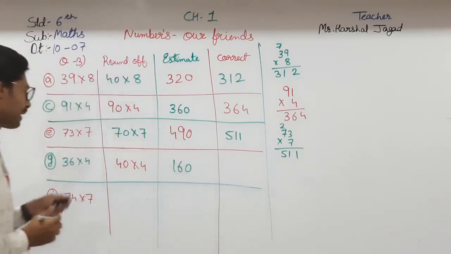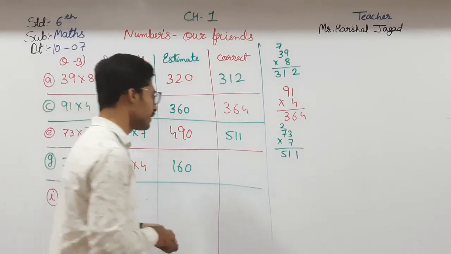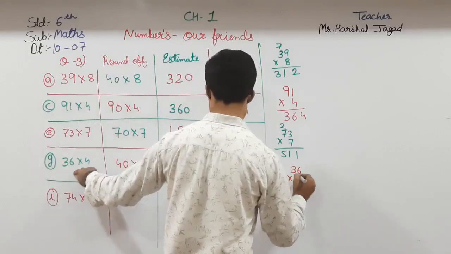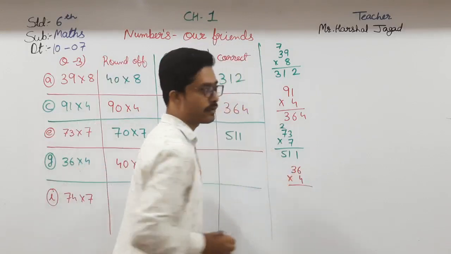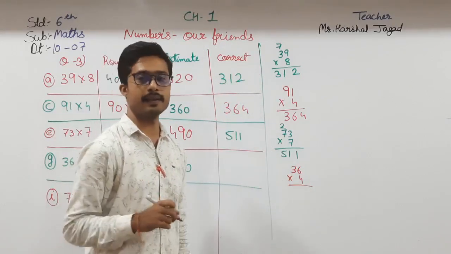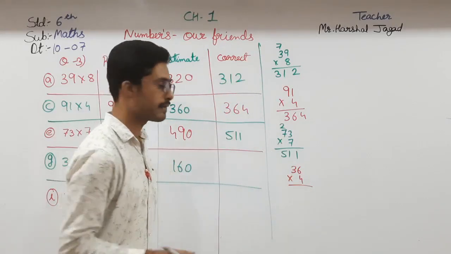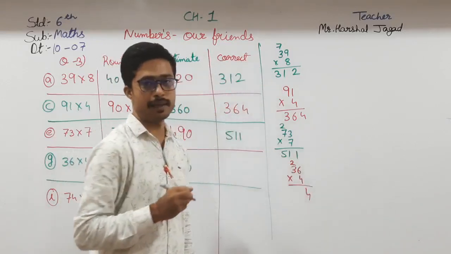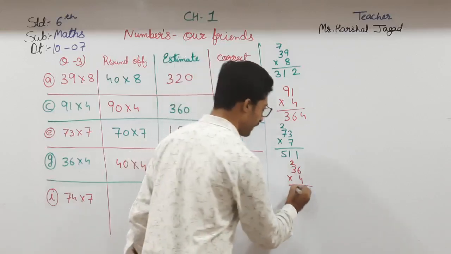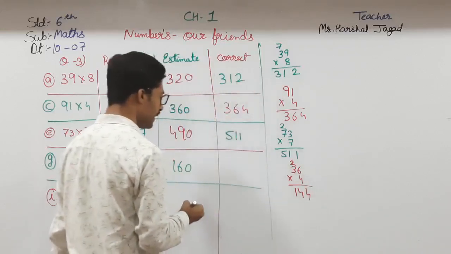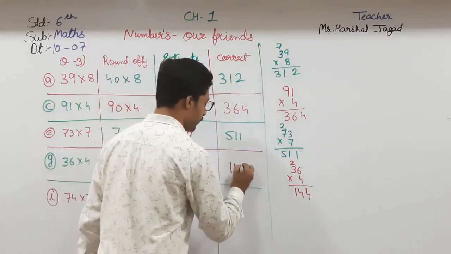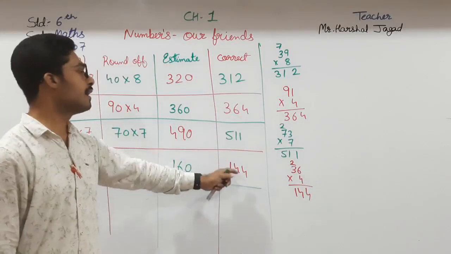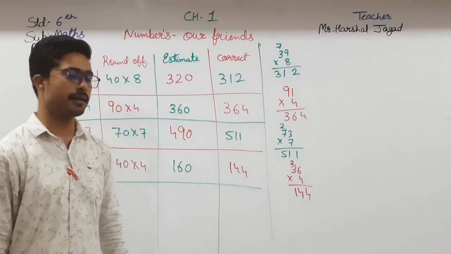And now let us calculate the correct answer, that is 36 into 4. 6 4s are 24, 4 3s are 12, 12 plus 2, 14. So here your answer will be 144. Here 160 is the estimated answer and 144 is the correct answer.